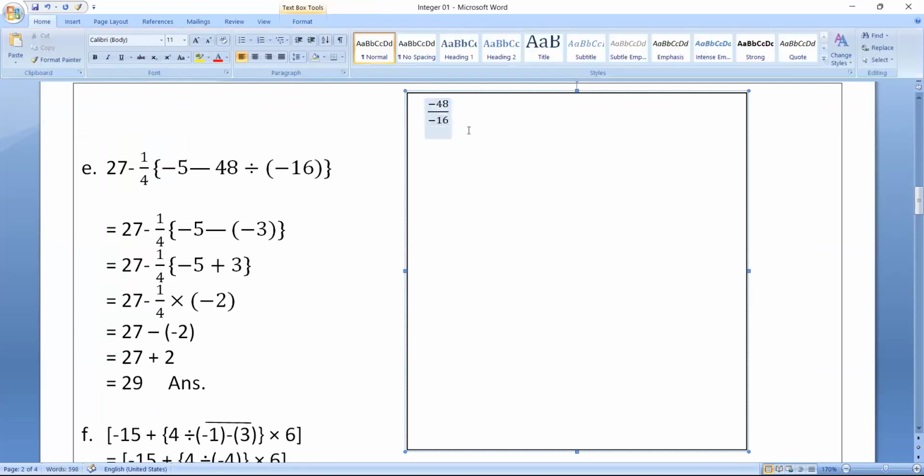My dear student, as you can see, this negative sign will be cancelled out by this negative sign, and what will be the situation? 16 times 3 is 48. So we'll get 3, and that 3 will be a positive 3.